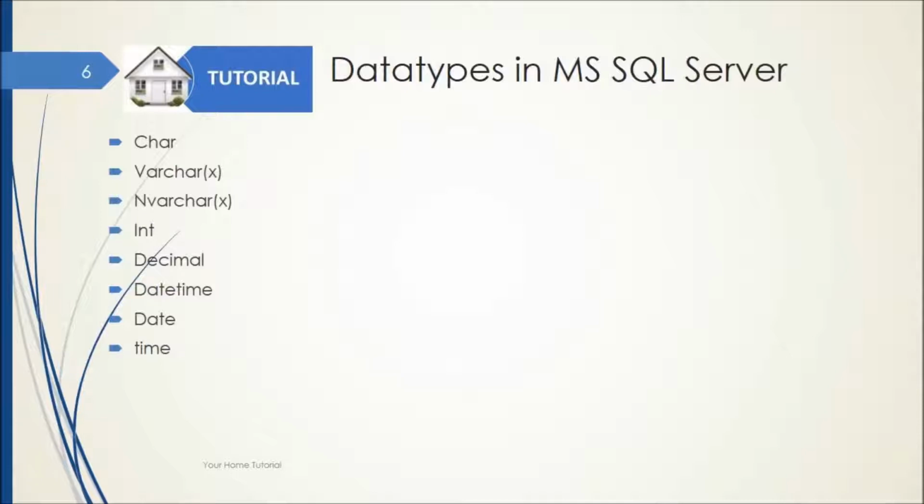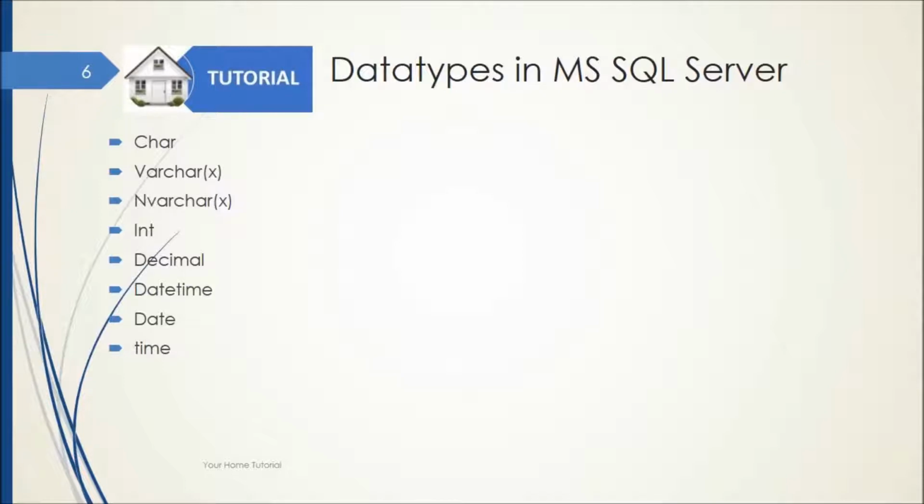We have a big list of these data types, which we can search on msdn.microsoft.com for Microsoft SQL Server, or we can Google it. It is available everywhere. These are a few basic ones, like varchar and nvarchar. Varchar, nvarchar and char are all used to store character values.